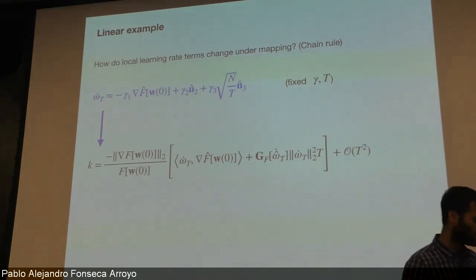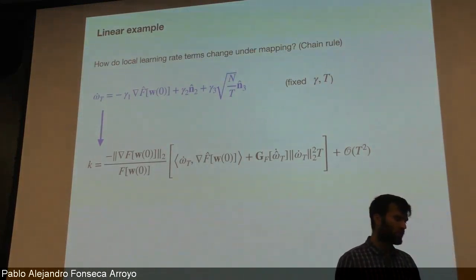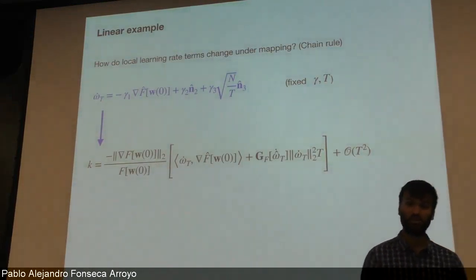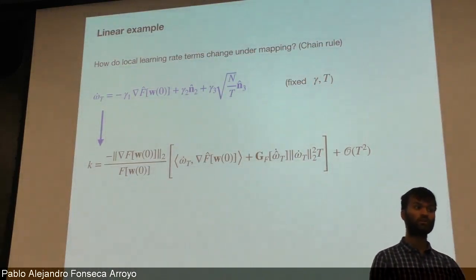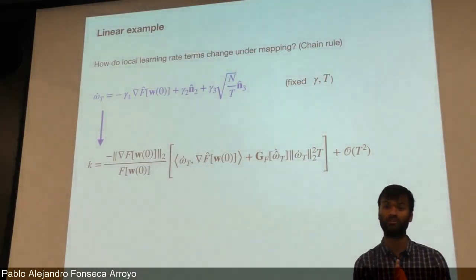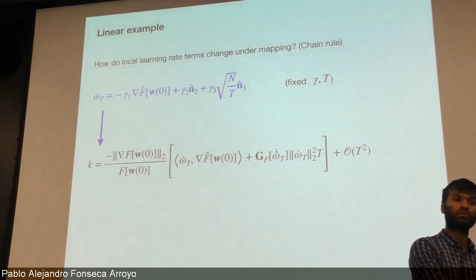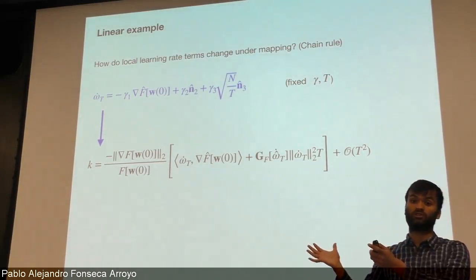Now, how does my local learning rate, how fast I'm learning, change under this mapping? So for given proportions of task relevant to task irrelevant plasticity, does the smaller network learn faster or does the larger network learn faster?